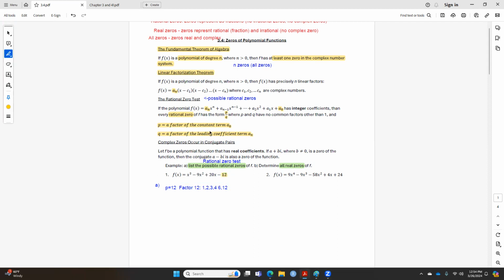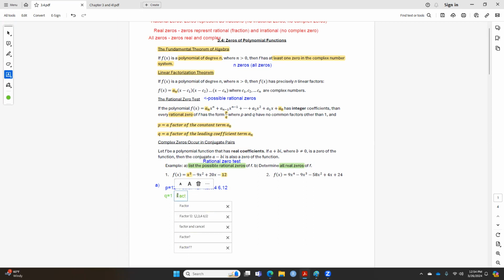Okay. So that is always p, which is a factor of the last term. q in this case is the factor of the leading coefficient, a_n. Unfortunately, there is no number in here. If there's no number, it means that your leading coefficient is 1. So q in this case is 1, because your leading coefficient is 1.